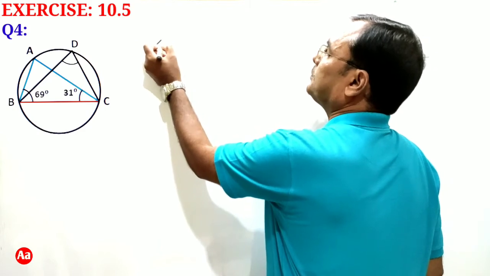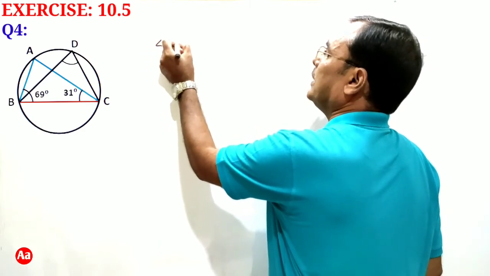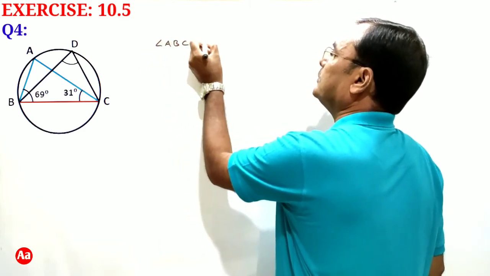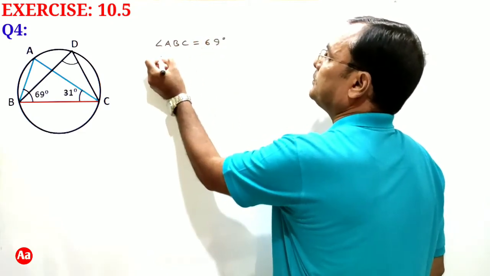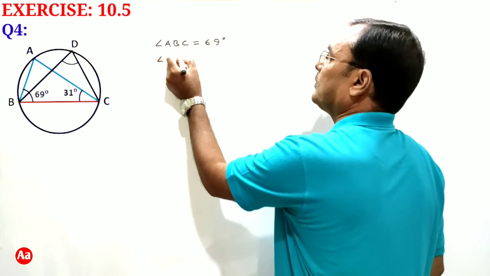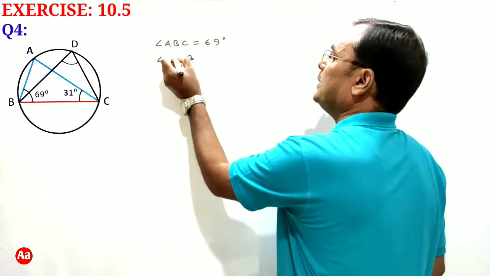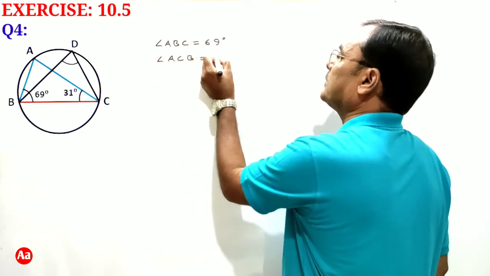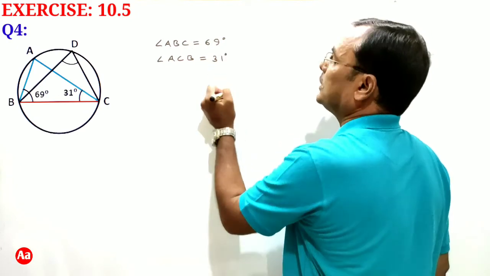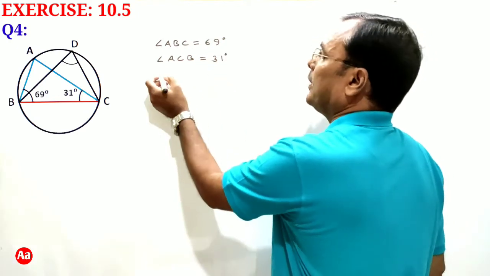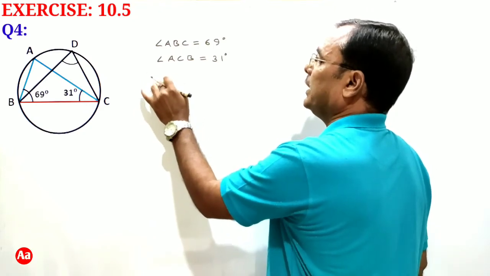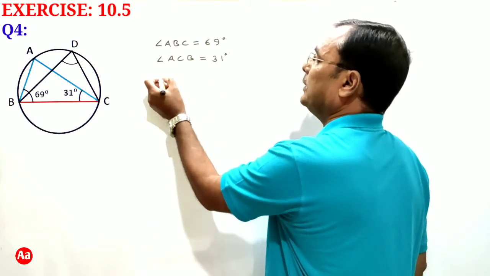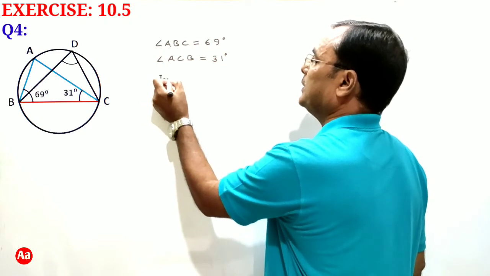Angle ABC is equal to 69 degrees and angle ACB is equal to 31 degrees. Therefore, we can use angle sum property in triangle ABC.